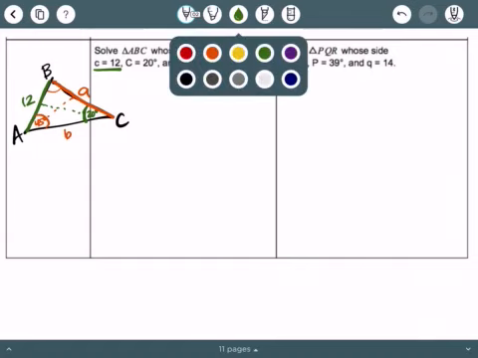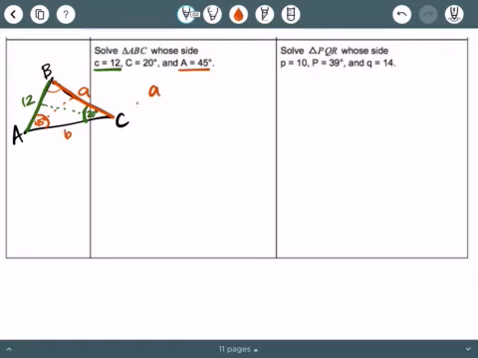I'm going to look for a here, so I'm going to write that first. a over, and then I'm going to look and say, oh, I have 45, so I have sine 45 degrees is equal to, I'm going to set up my green one, 12 over sine 20.